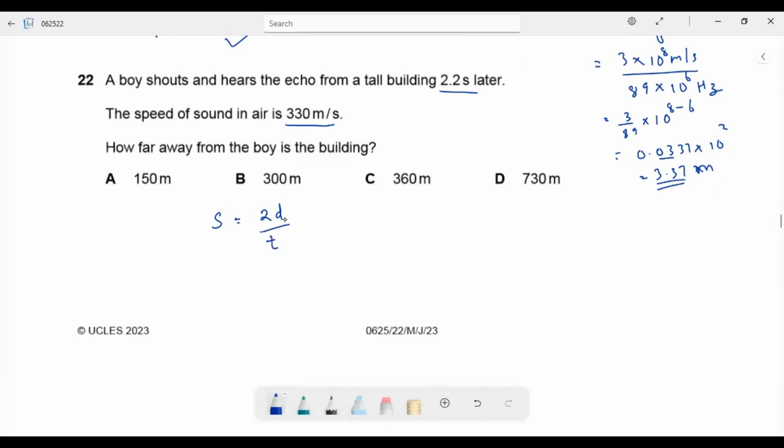So distance is equal to speed into time divided by 2. Speed is 330 meter per second into time 2.2 seconds divided by 2. So you'll be getting 363 meter, that is approximately equal to 360. So C is the right choice.